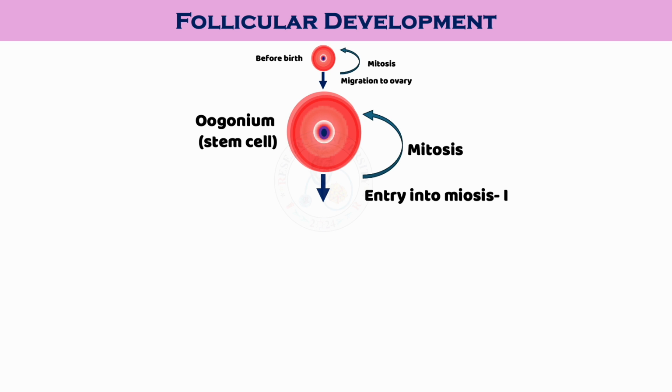Each and every month, 10 to 15 or 15 to 20 of these develop into oocytes or ova. Of all these cells, only one cell is going to completely develop into the ovum, that is the female egg.